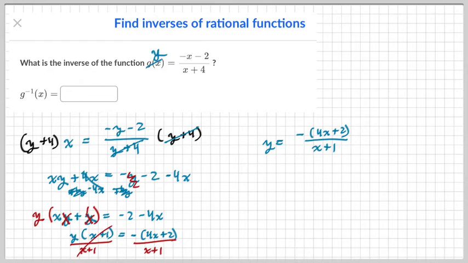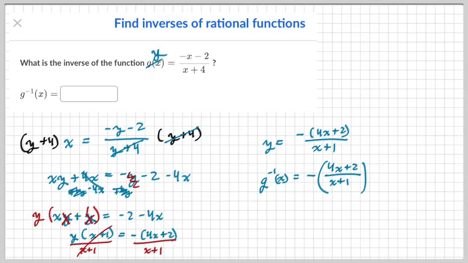So this is g inverse. Now, the tricky part is probably going to be typing this in. You can leave the negative up here with those if you want, or you just put this in parentheses and put the negative in front. But that's your answer. That is the inverse function.